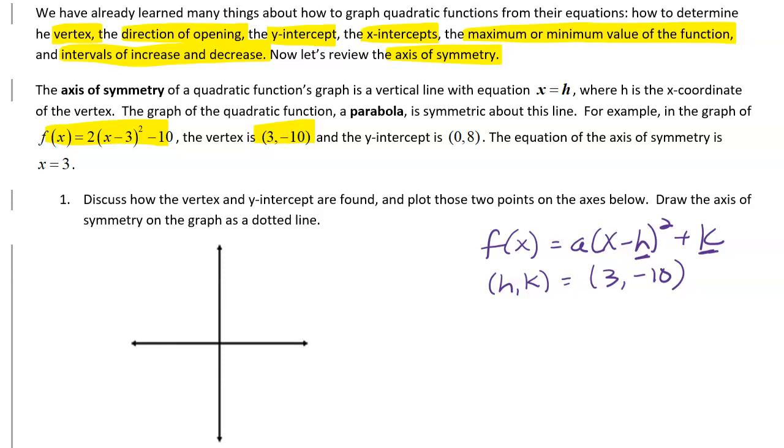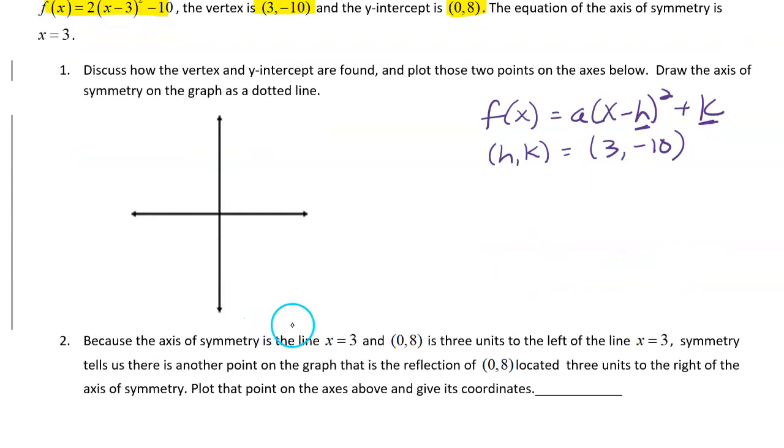Our y-intercept is given as the point 0, 8. And we can find that by plugging in a 0 to the function. And we've done that in previous work this semester. So let's go ahead and start plotting some points down here.